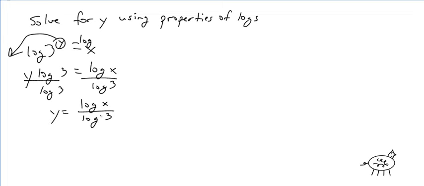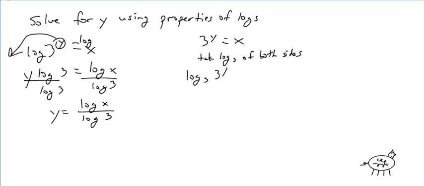Let's see, so what else can we do here? We can use the inverse property, just because I want to show you how to do that. Going back to our original problem, 3 to the y is equal to x. So you could take log base 3 of both sides. If I do that, log base 3 of 3 to the y equals log base 3 of x.